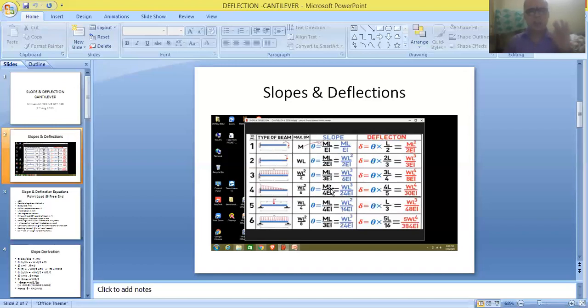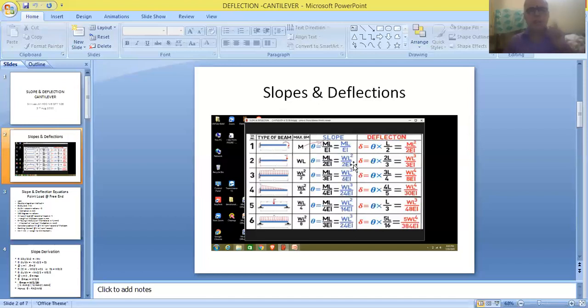So always capital W is used for indicating point loads acting on the beam, and small w is used for indicating UDLs acting on the beam. This point load will be expressed in terms of newtons, and UDLs, as discussed in previous sessions, will always be expressed in terms of Newton per millimeter.